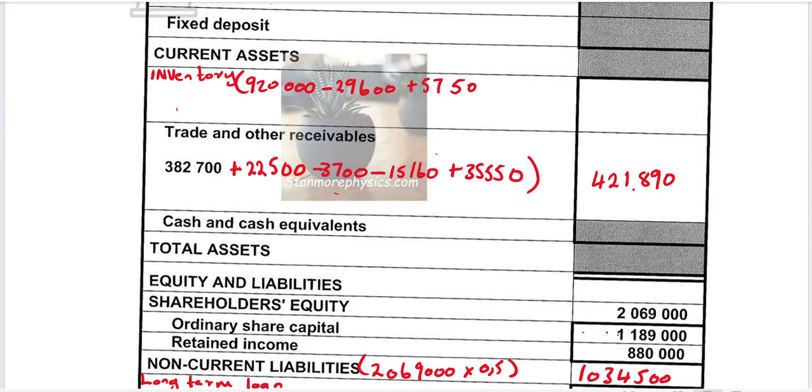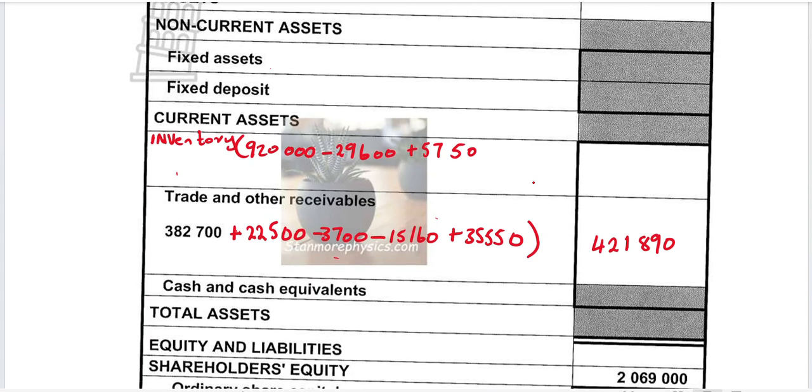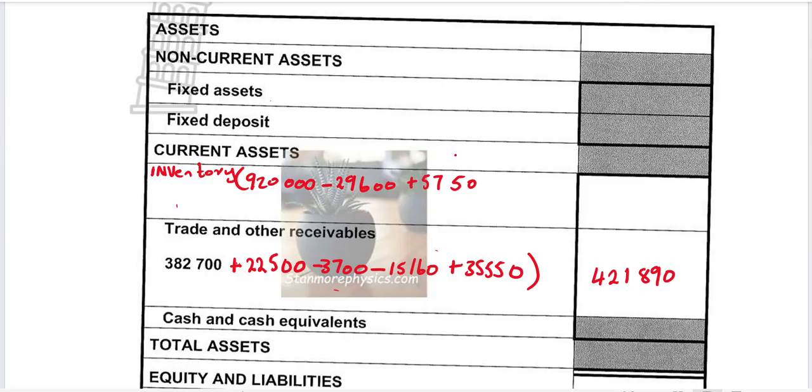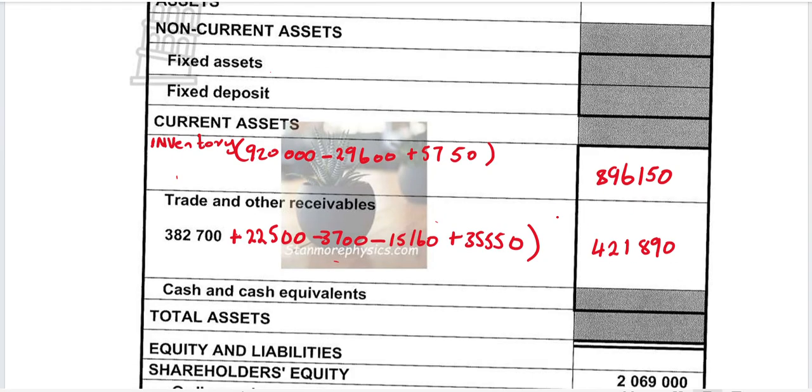Do you get me, guys? Let's proceed. We add here: this one minus this one plus this one. We get 896,150. Yeah, now we are done.